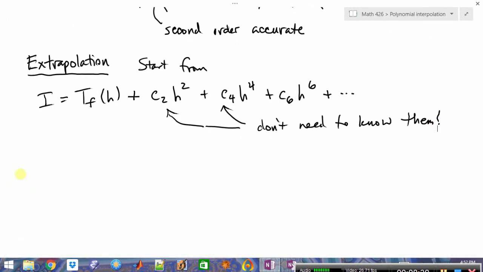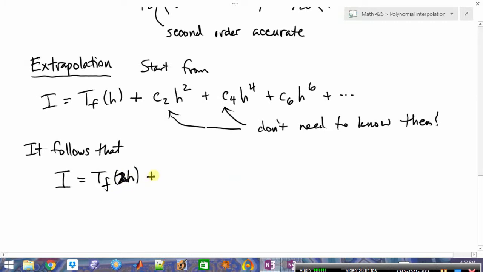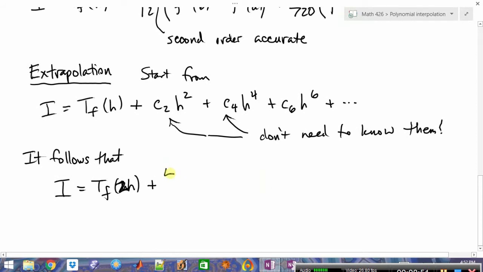Okay, so it follows that if I replace h by 2h, then I get 4 times C2 h squared plus 16 C4 h to the 4th, and so on.